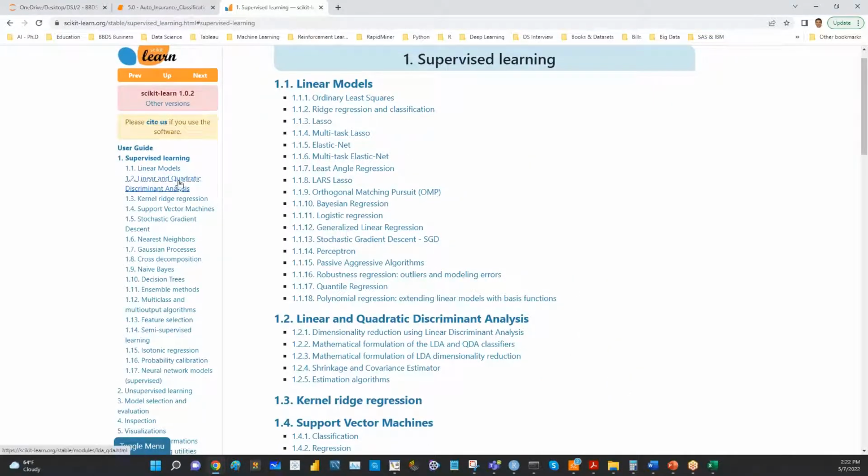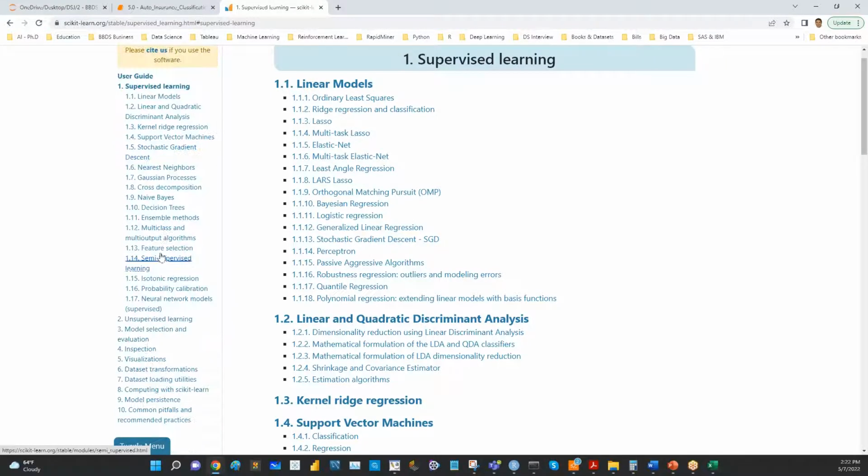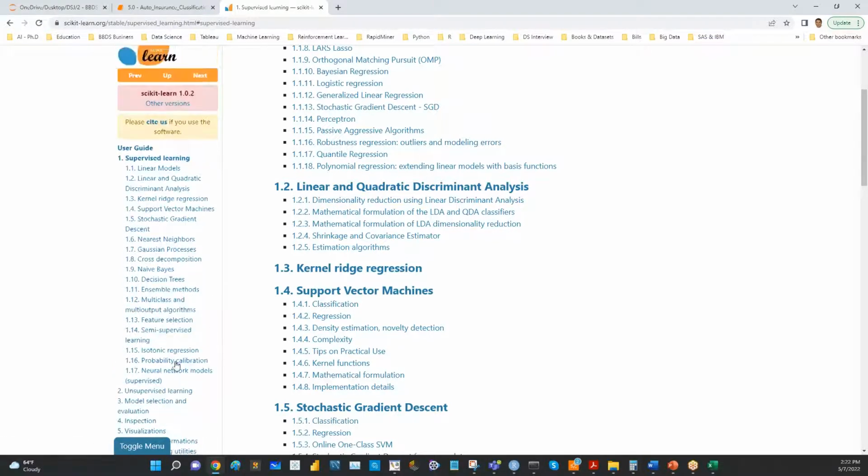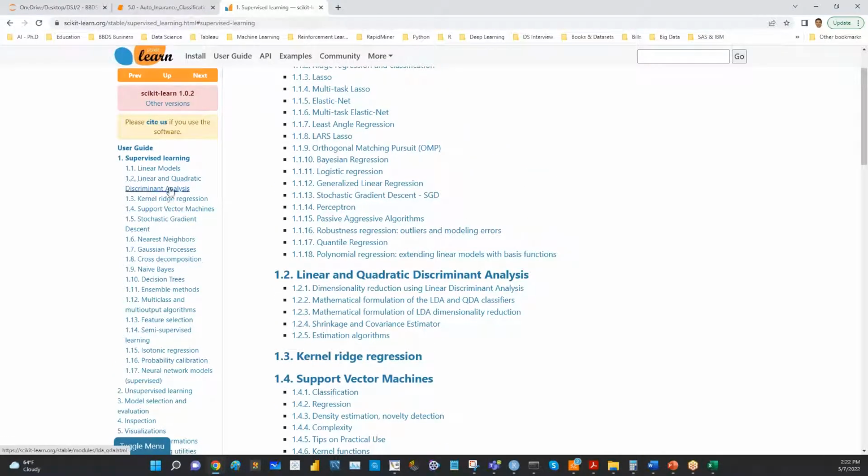In classification, we have linear models, linear and quadratic discriminant analysis, kernel ridge. We got a lot of modeling, and it does inspection, visualization, and a lot of other things that this library does beyond machine learning.